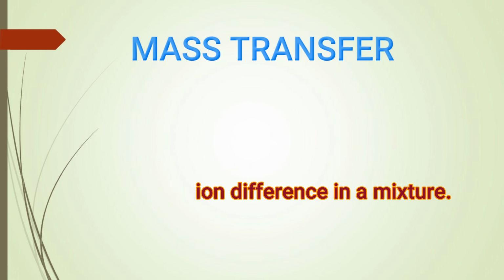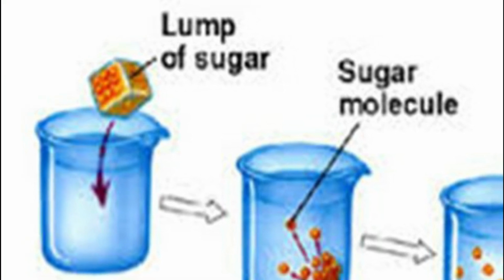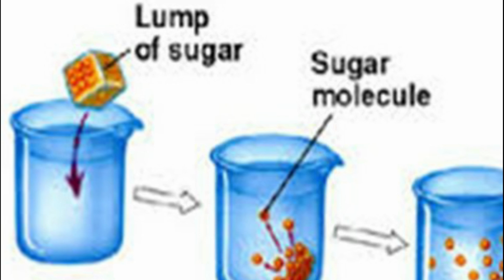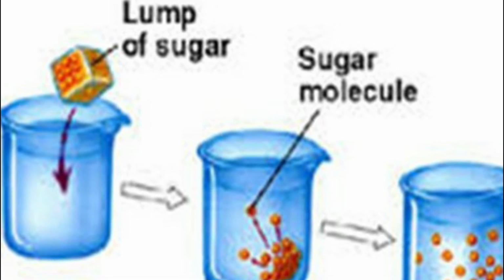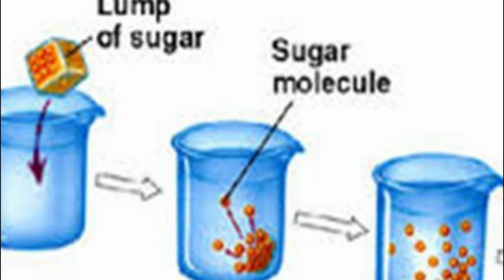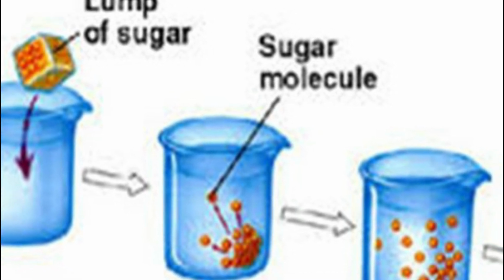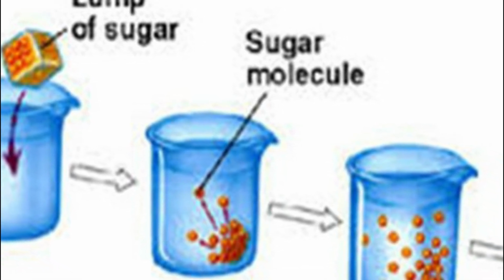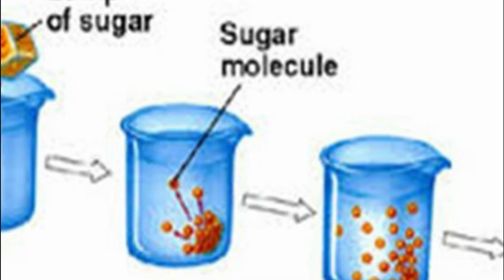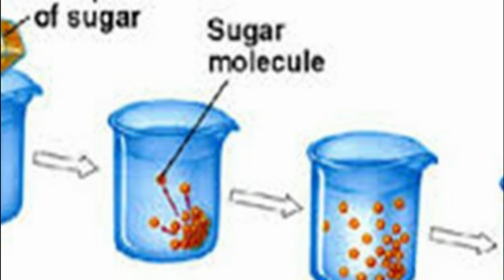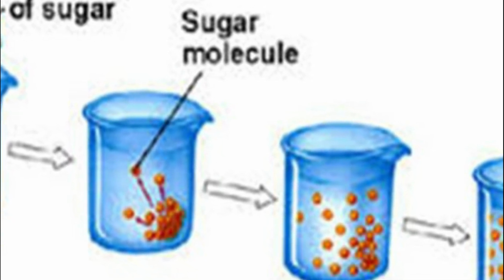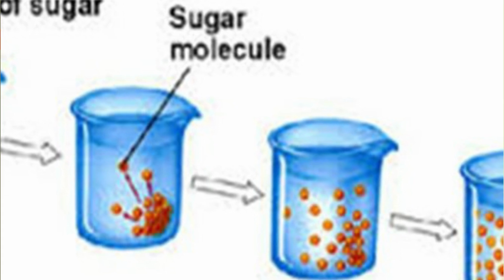Now we will take one example. You take a beaker of water and put a sugar cube in it. What will happen? Initially, the sugar cube will settle down at the bottom. Now, if you notice, slowly the sugar will try to diffuse into the water. Now this is a water and sugar mixture. So, the concentration of sugar at the bottom of the beaker is high and at the top it is low.